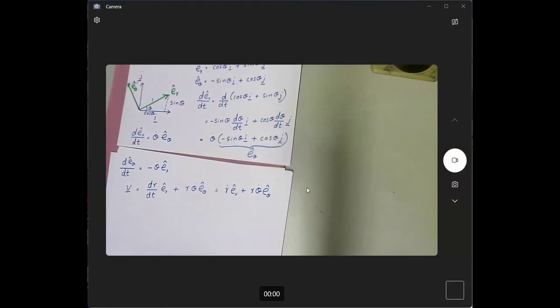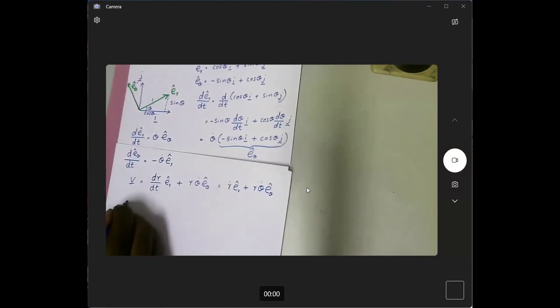Now the next part is to find the acceleration, which will be dv over dt.